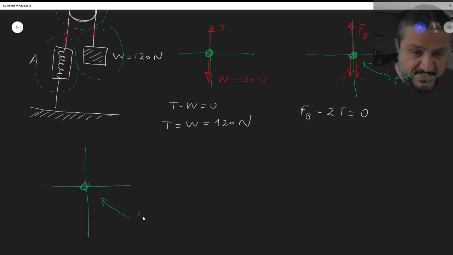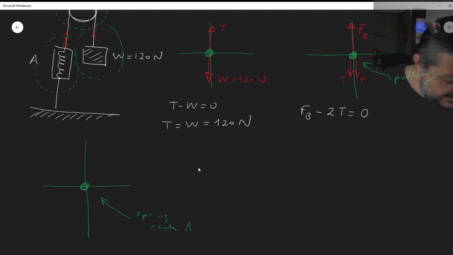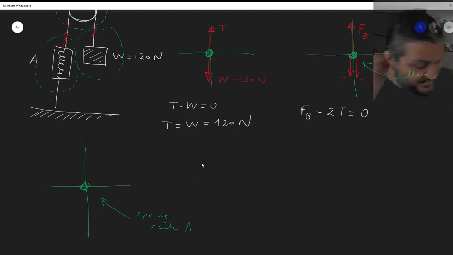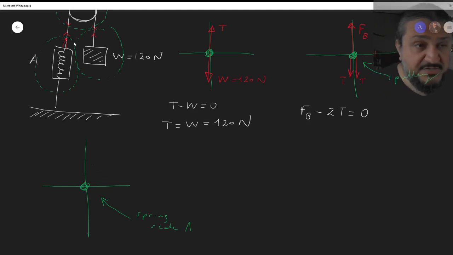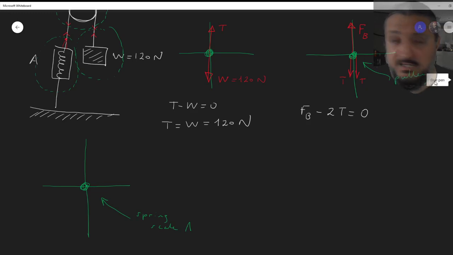This is the spring scale A. Now the spring scale, if you look carefully in the picture, is attached to ropes, attached to the upper rope. Now we don't really have to worry about the bottom because I don't want to introduce another T there. I'm just gonna call it FA.